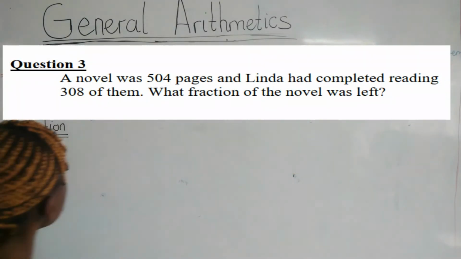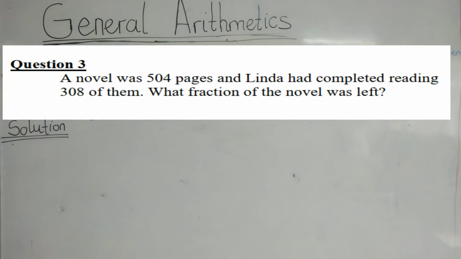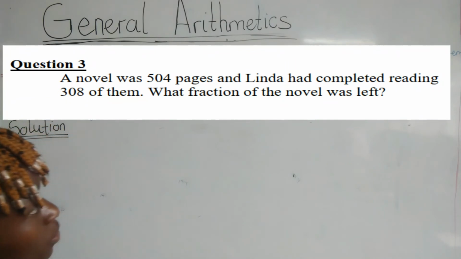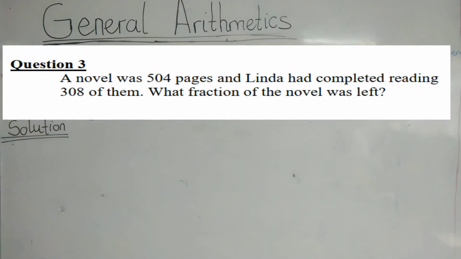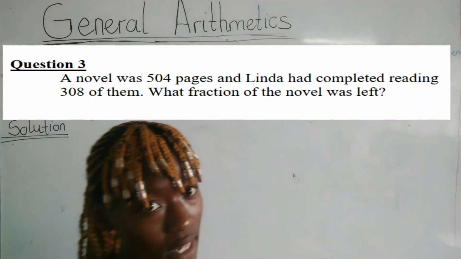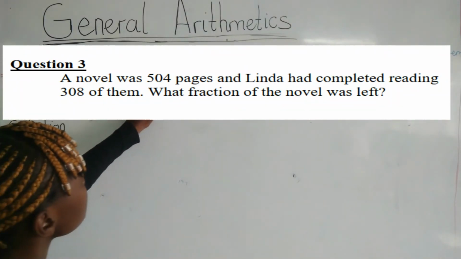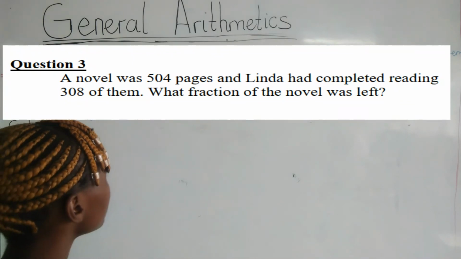Okay, so our question reads, this is question 3. A novel was 504 pages and Linda completed reading 308 of them. What fraction of the novel was left? Okay, so here a novel was 504 pages.